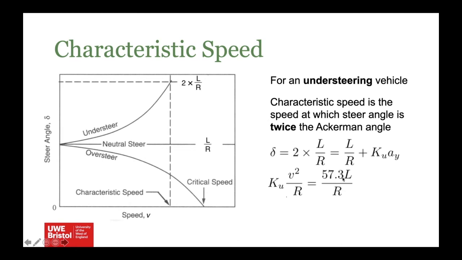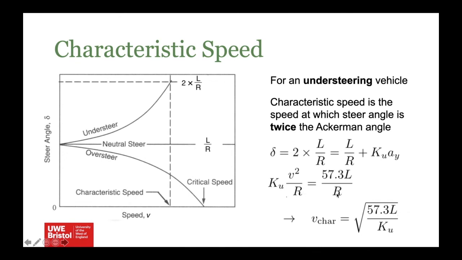There's your 57.3, because this term is in radians and this is often in degrees. So 180 over pi equals V squared upon R times KU. You can rearrange that equation and solve for V, and you get a square root. The characteristic speed is going to be the square root of 57.3 times L divided by KU.